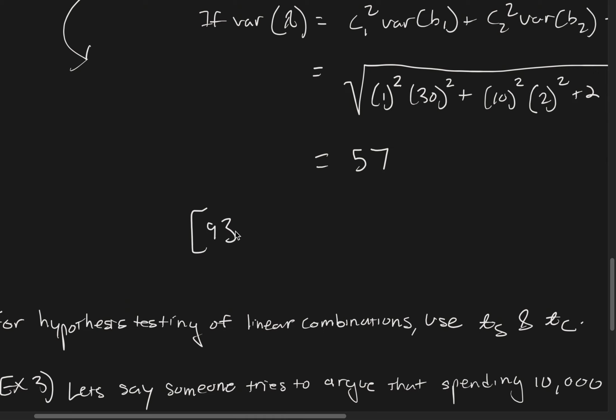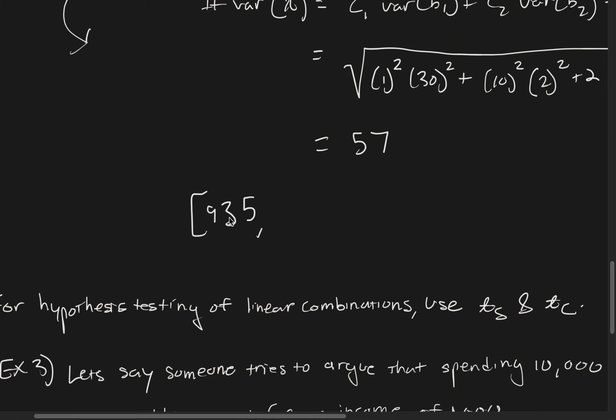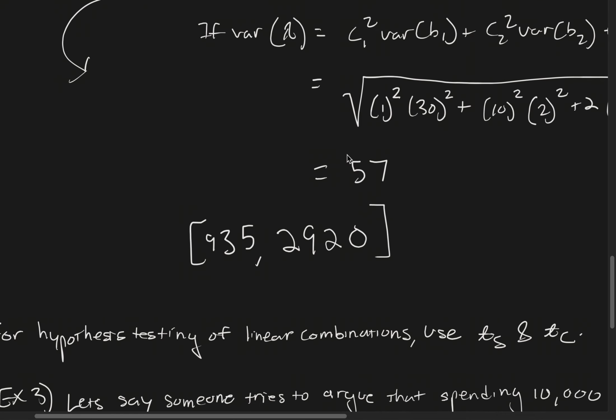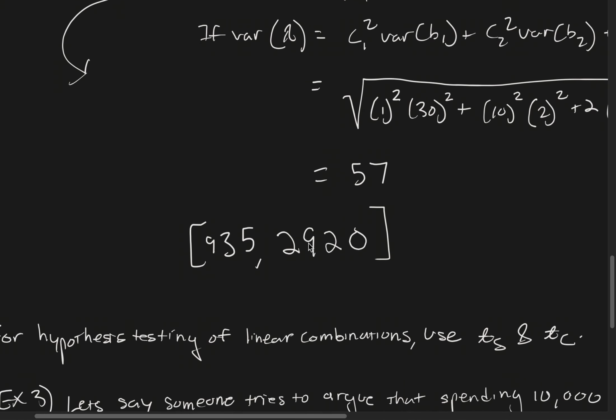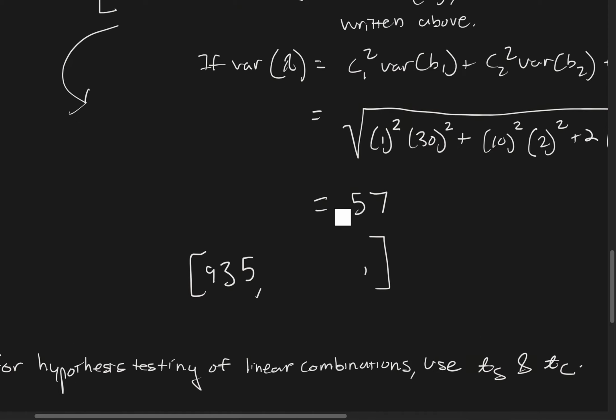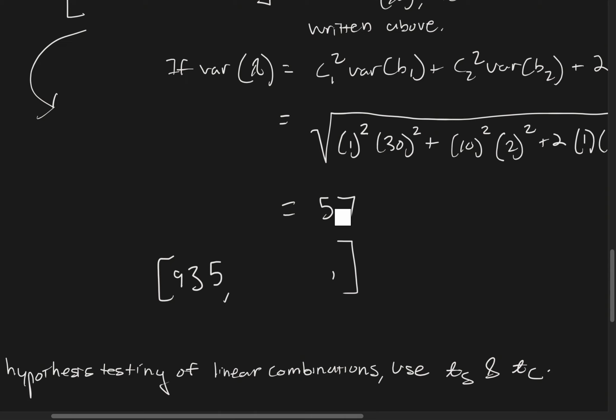That turned out to be 935 to 2,920. Sorry, that should not be correct. I don't know how I'm getting that answer. Let me just do it quickly. So 1,050 plus 57 times 2.